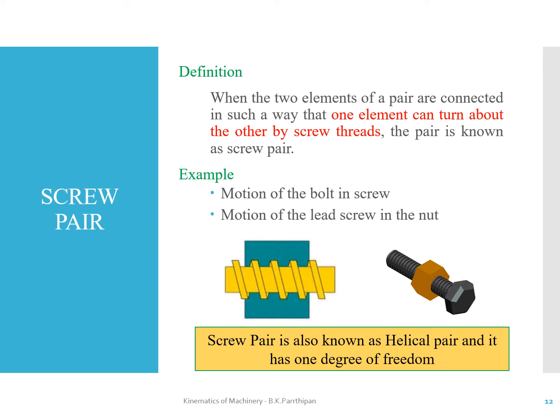Example is motion of a bolt in a nut and motion of the lead screw in the nut. So it is going to have screw threads and it is going to produce a turning motion connected with a sliding motion. And the screw pair is also known as helical pair, and it has 1 degree of freedom.